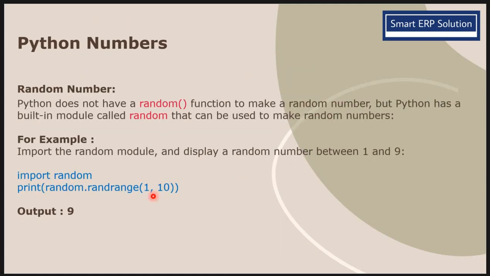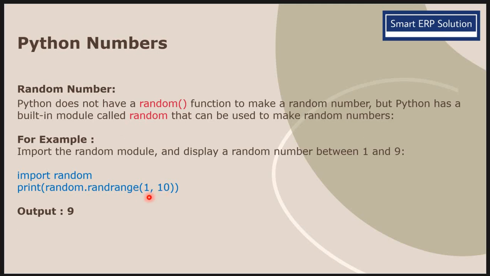Random numbers. Python does not have a random function to make a random number, but Python has a built-in module called random that can be used to make random numbers. For example, import the random module and display a random number between 1 and 10. This will be written as import random, print random dot randrange 1, 10.